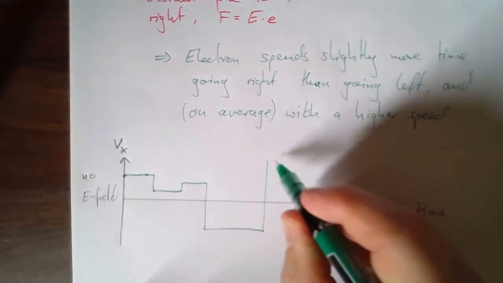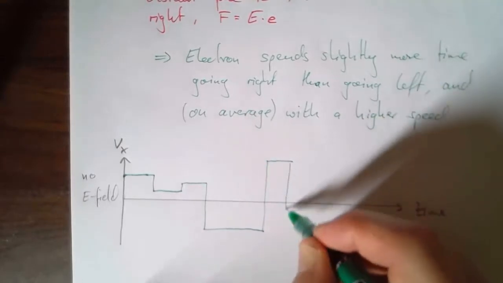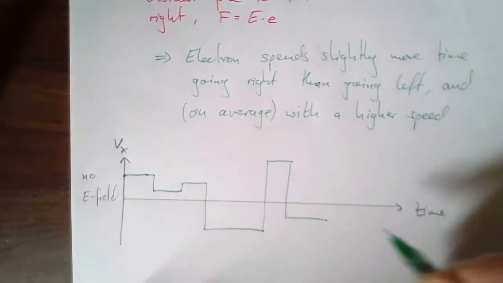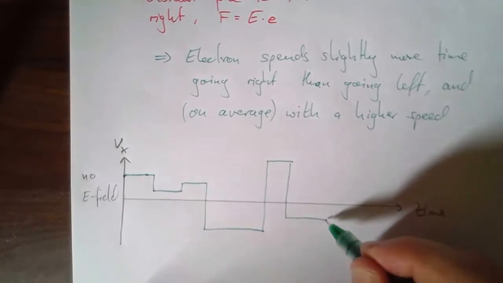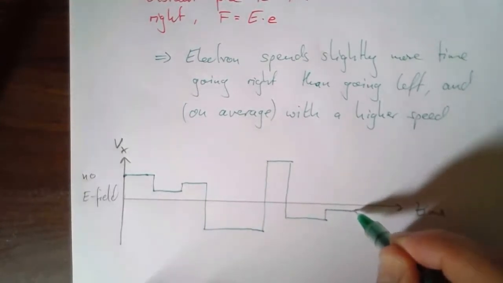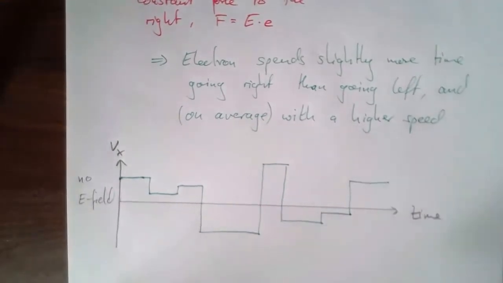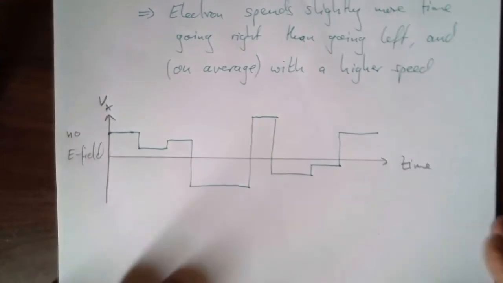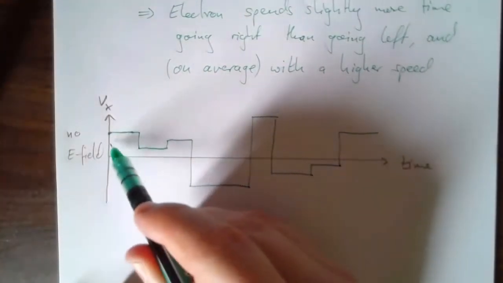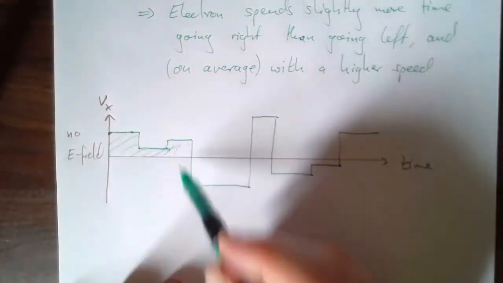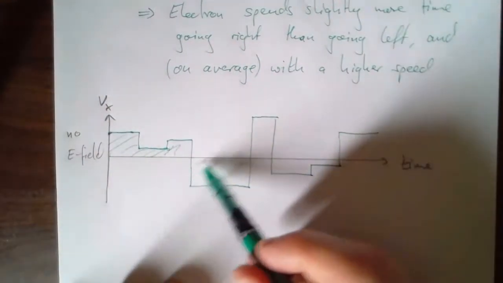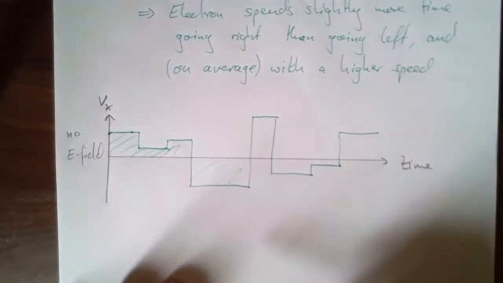Maybe it could be like this, and it's going forward for a little bit, then it's going backwards again. It's going to look something like this. Sometimes it's going forward when the velocity is positive, sometimes it's going backwards. And on average, the distance covered going forward is going to be equal to the distance covered going backwards.